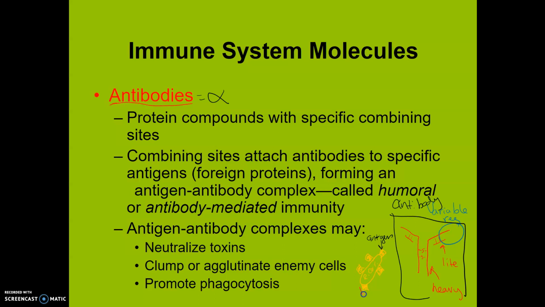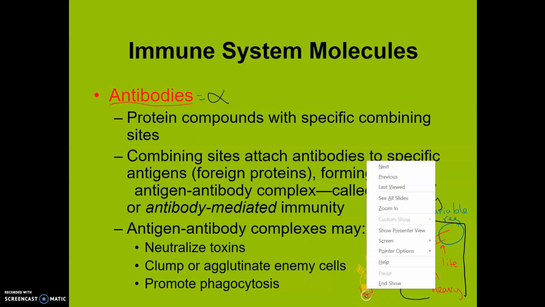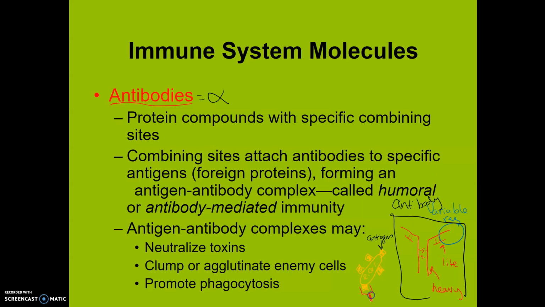And the E. coli has this little square that is going to fit into this site on an antibody, all right? Let's say you have another antibody here, and I'm just going to draw it as a Y shape right now, okay? And it hooks right there onto the end, to the variable region of the heavy and the light chain, all right? So here you have a variable region hooking up to an antigen.